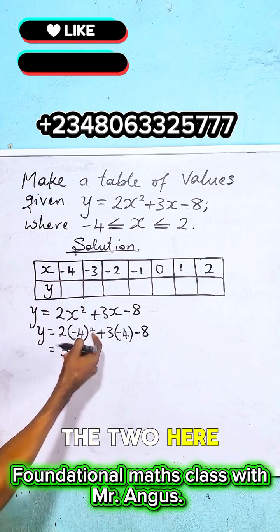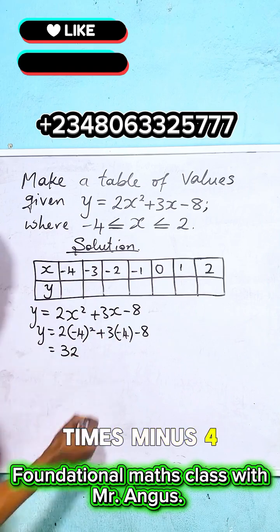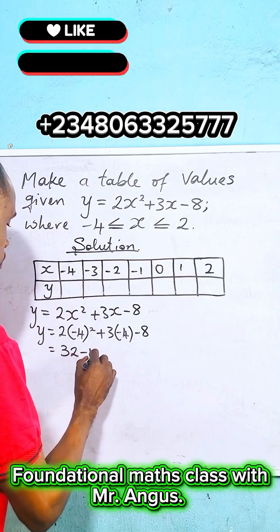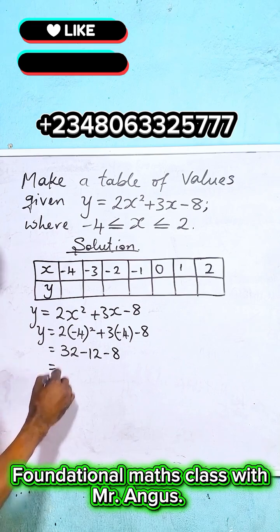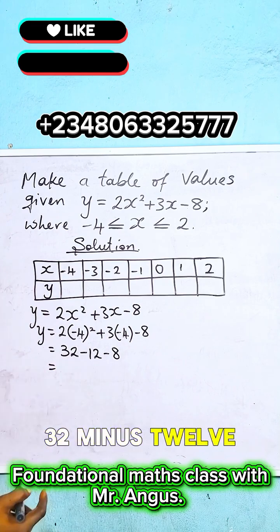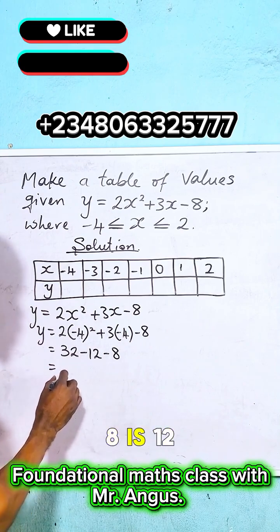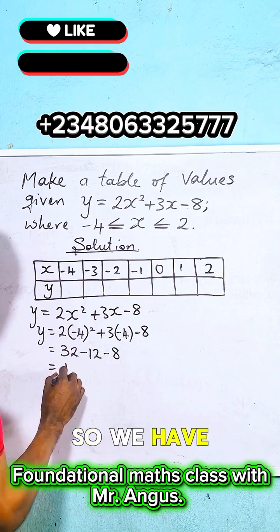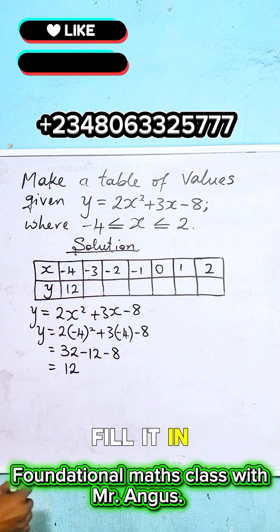So we'll have 32 here plus 3 times minus 4 will give us minus 12, and then minus 8. 32 minus 12 will give us 20, and 20 minus 8 is 12. So we'll have the value of y here to be 12. We'll fill it in.